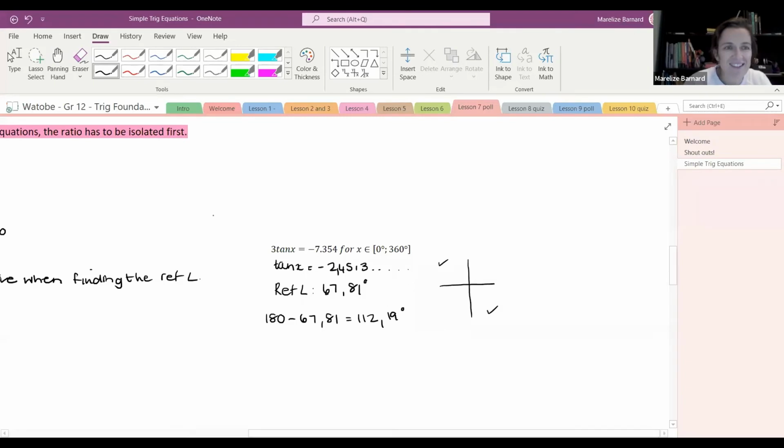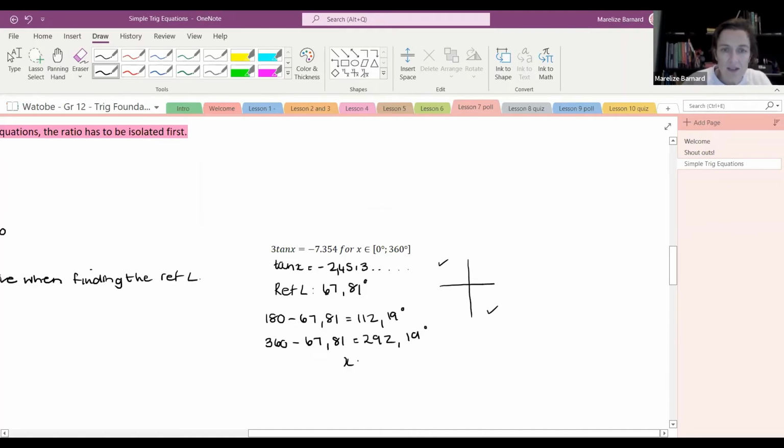Well done. There's a few of you who got that. Now just follow 2 decimal places as a rule, unless you are told to do it differently in the question. And then 360 minus 67.81 gives me 292.19.